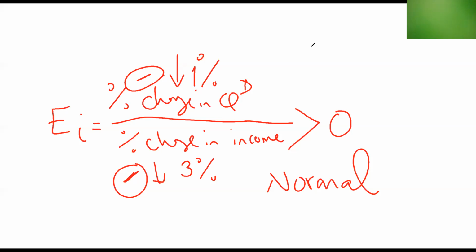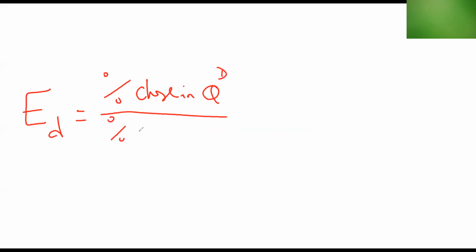ED is the percentage change in Q divided by percentage change in price. The reason I'm using this formula is because you have the elasticity. When you want to calculate the elasticity, we do not use this formula, because of the reasons that I explained in one of the videos for this chapter. You do not have any idea about your new price, old price, new quantity, old quantity.